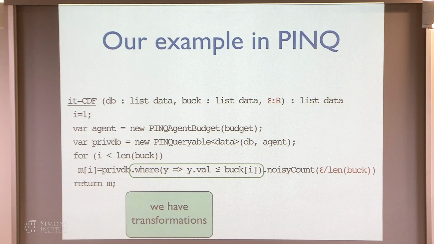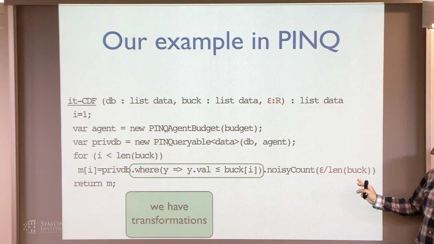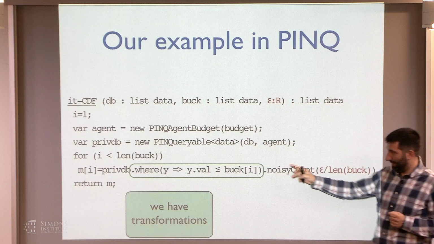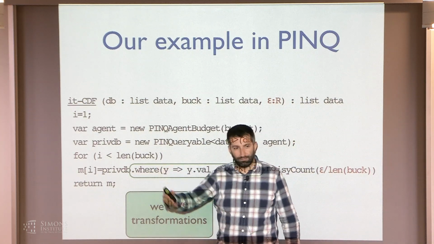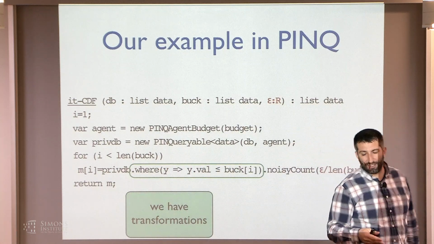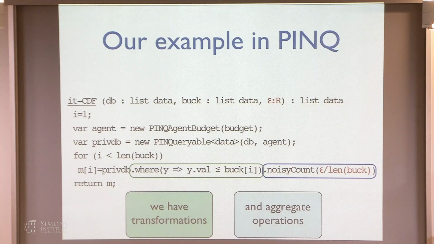So in particular, now you see that I write a program very similar to the one before, but where instead of using the database, we use this private database that takes care of the budgeting for us. We also use a primitive, noisy count, which mainly performs the addition of Laplace noise, but does this in a controlled way.